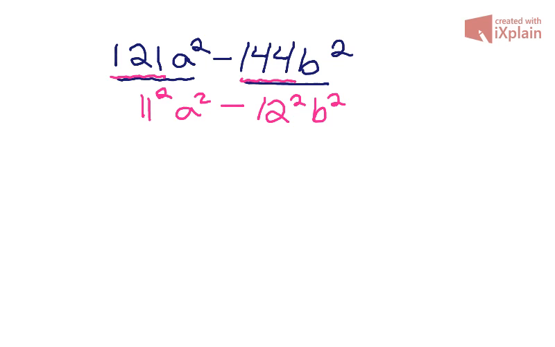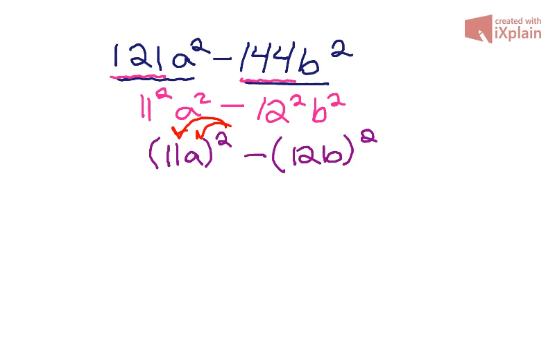And we can use what we had learned about exponents and actually go in reverse. If I have an 11 squared and an a squared, we can write that as 11a, quantity squared, minus, and then we can reproduce the same idea doing 12b, quantity squared. Because if you recall, when we are squaring this product, we can distribute that square to each factor.